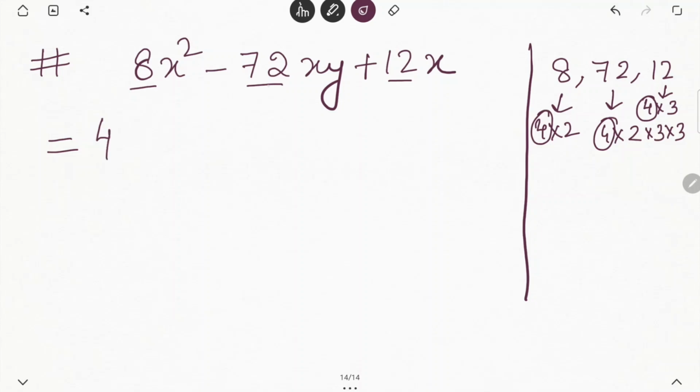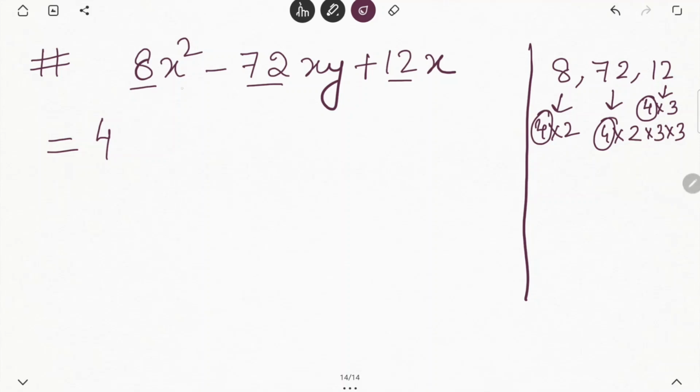Now what about the variable? Here you see that x is there in all the three terms, but y is not there in all the three terms. So there is no question of taking out y. Now in case of x, how many x will I take? The common is the smallest number.